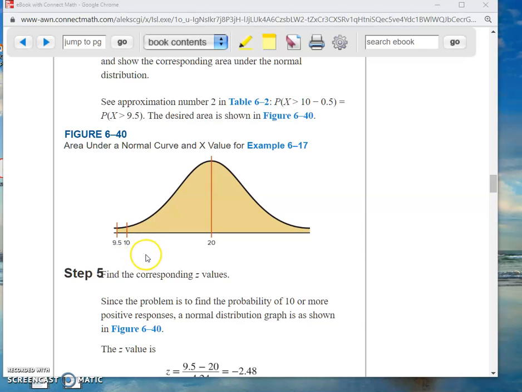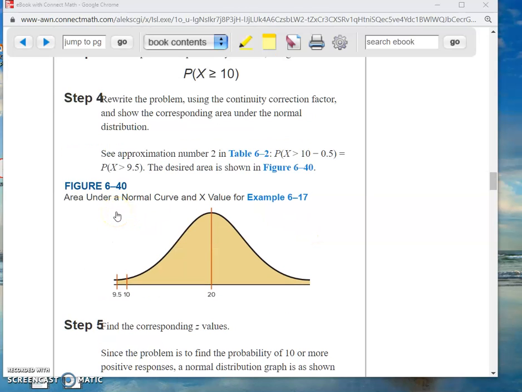Since we're using whole digits, we go to the left of 10 by 1/2, so it's 9.5. We don't need anybody over here, because we're finding the area under the curve all the way from this point to the left, since we want the probability of 10 or more. If we just started at 10, it would not quite be correct. We need this correction factor.